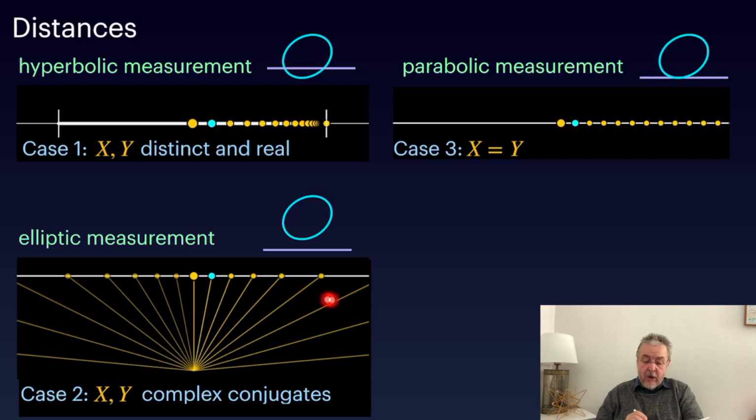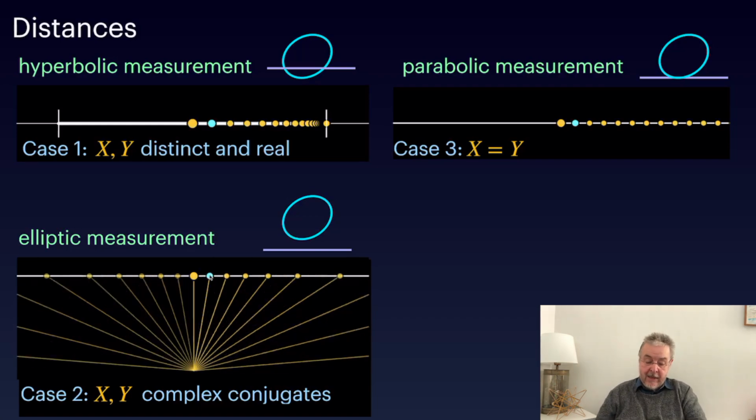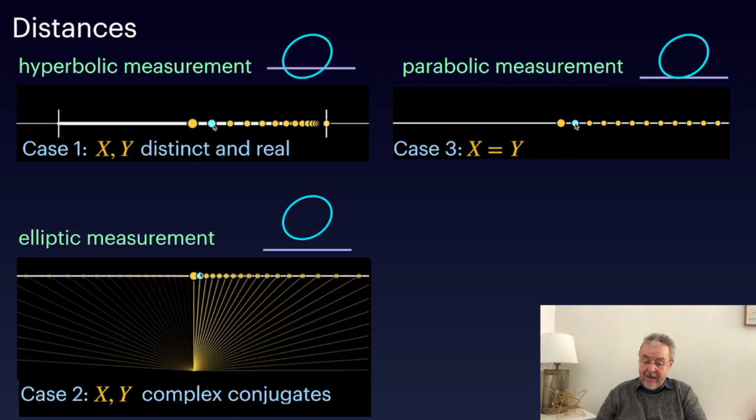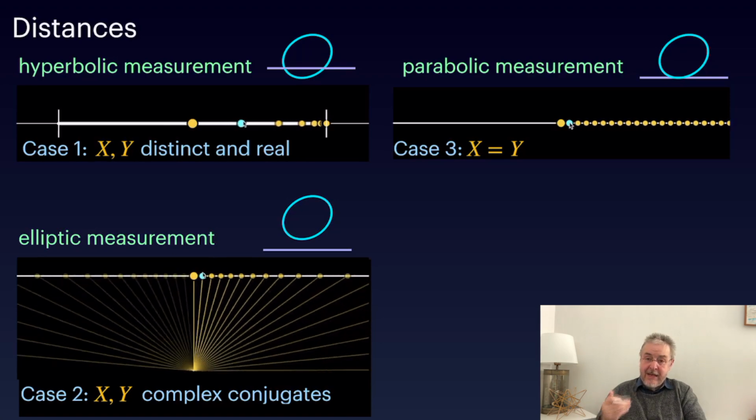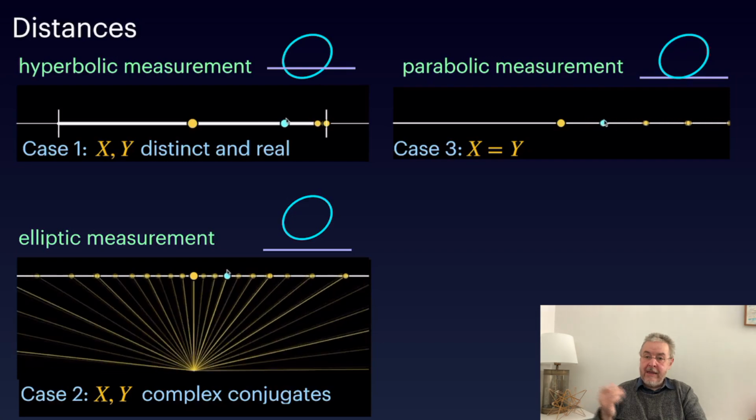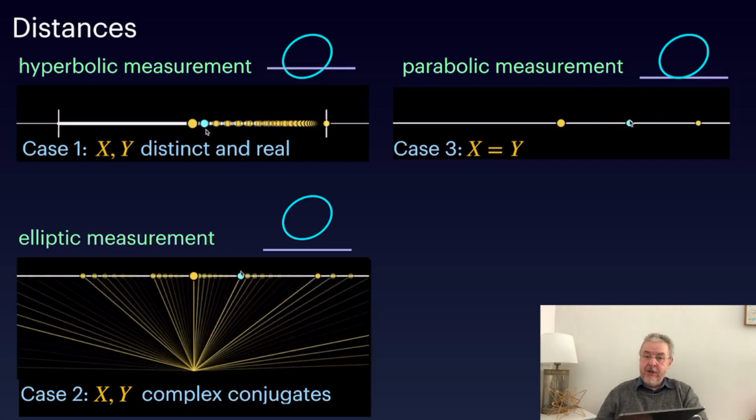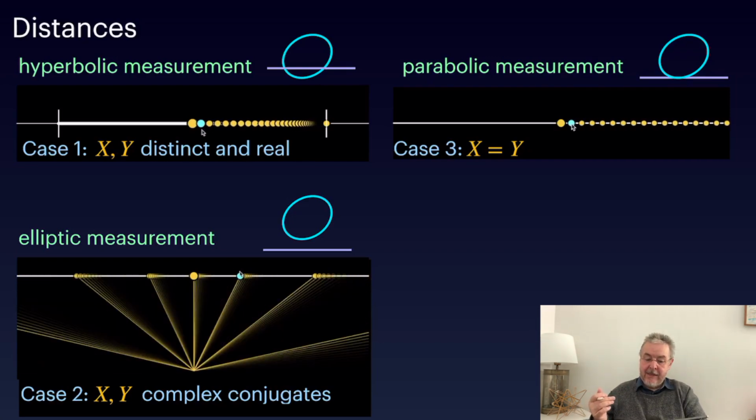Here we will go through infinity and come back from the other side, and here we will go in unit steps and just get stuck at infinity. And these three types of measurements are the ingredients from which general Cayley Klein geometries are built up.